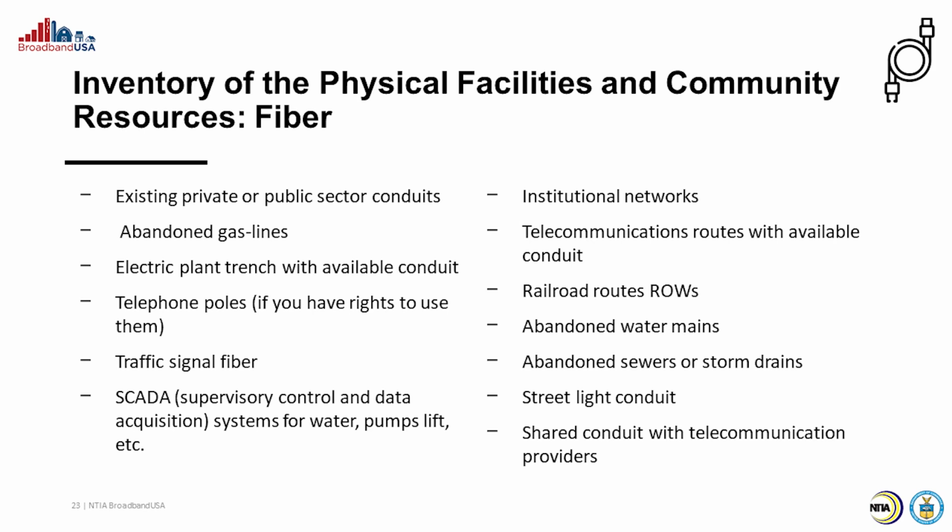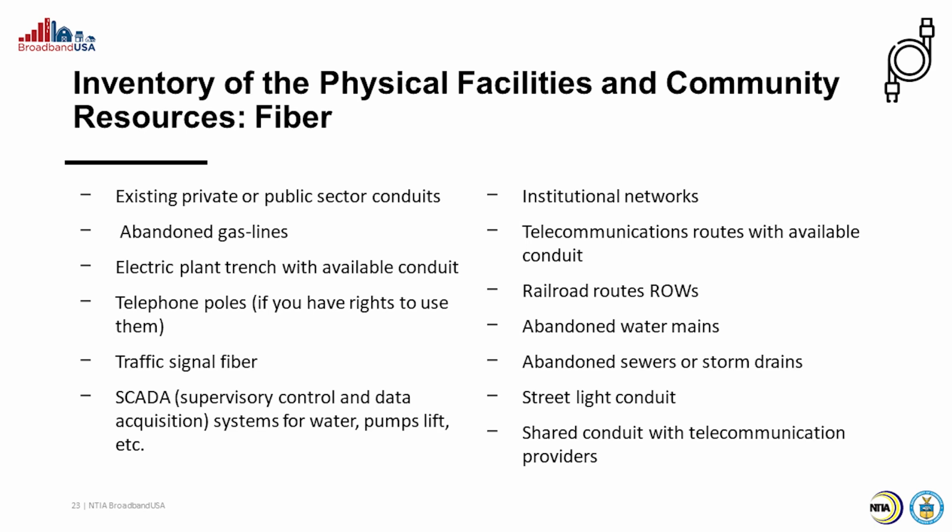That is the actual infrastructure that's in the ground that makes it really easy to deploy fiber optic cables and technology, right? I'm going to identify any abandoned gas lines, right? Any existing traffic signal fiber that can be used, right? Any institutional networks, government owned or state owned, right? Are there any existing telecommunications routes with available conduit, right?